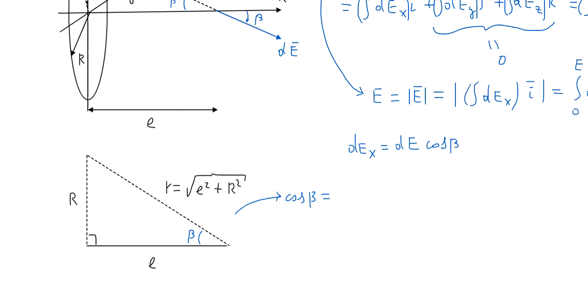It will be L divided by R, and of course it will be L divided by the square root of L to the power of 2 plus R to the power of 2.